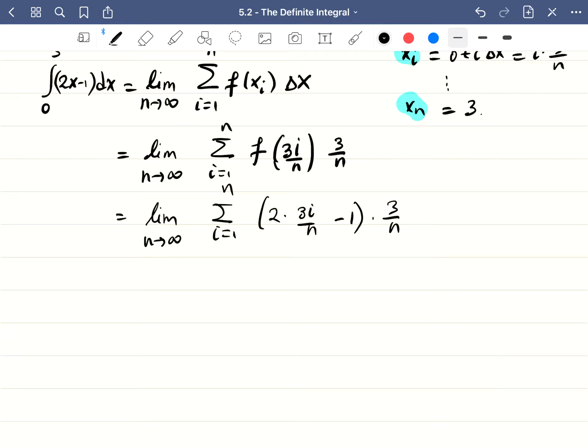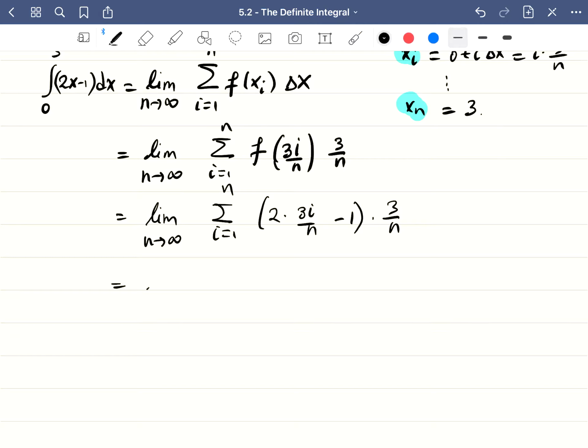By the way, let me emphasize something here: the thing that's changing in the sum is only i. So i changes from 1 to n, and n is fixed for now. Forget about the limit for a moment. After you find the sum, then you take the limit. So let's first find the sum.